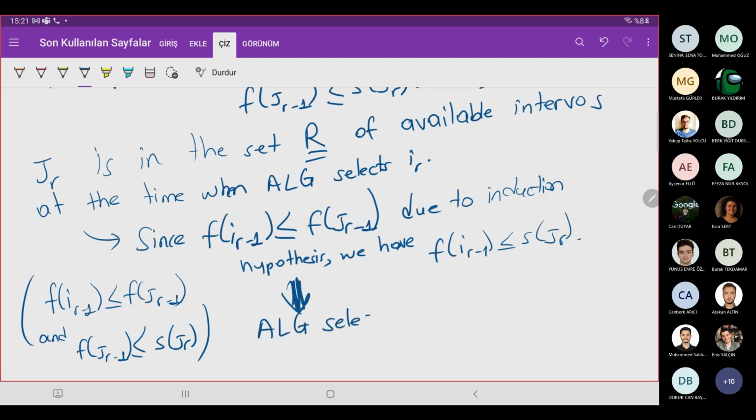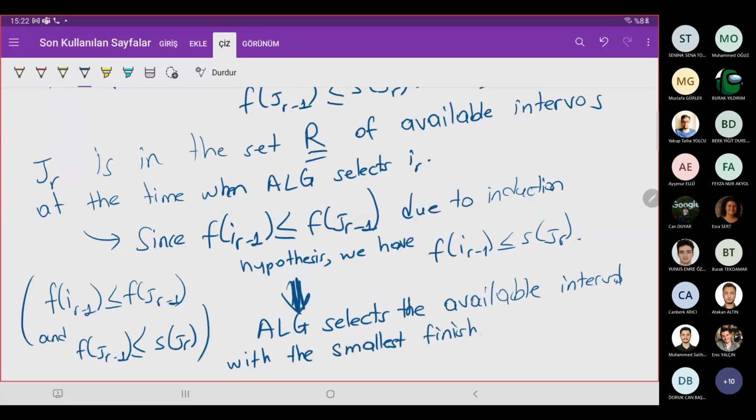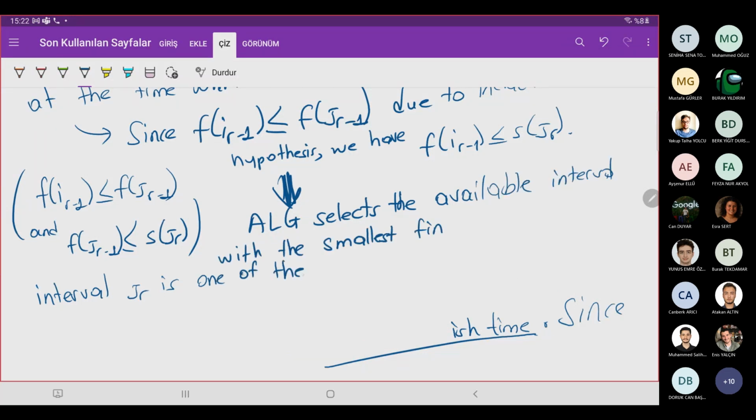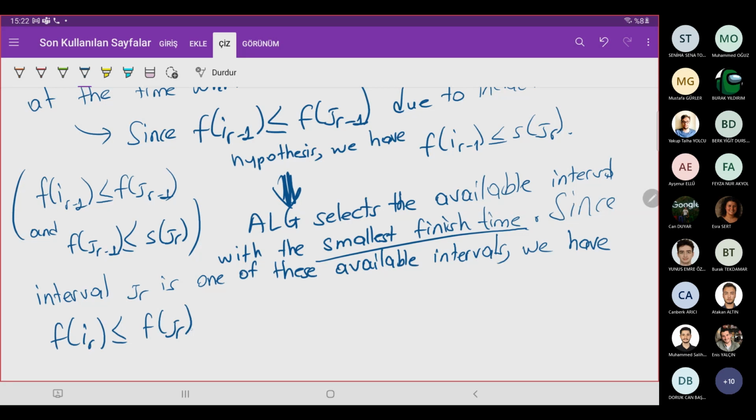The algorithm selects the available interval with the smallest finishing time. Since jr. Okay, so this is the lemma.